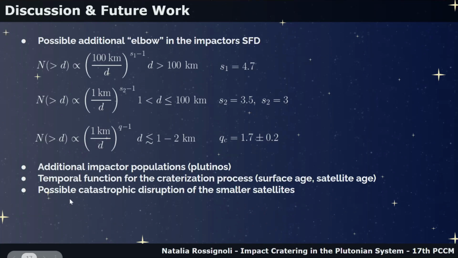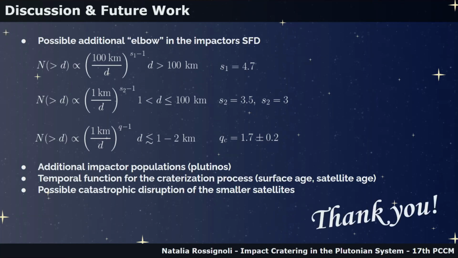And of course, to fit the temporal function, as we have done with the Saturnian, Uranian, and Neptunian system for the cratering process, that will allow us to quantify this difference and obtain, for example, surface age and the satellite age for the cases of the smaller satellites that may have been disrupted across the solar system age. So that's it. Thank you.